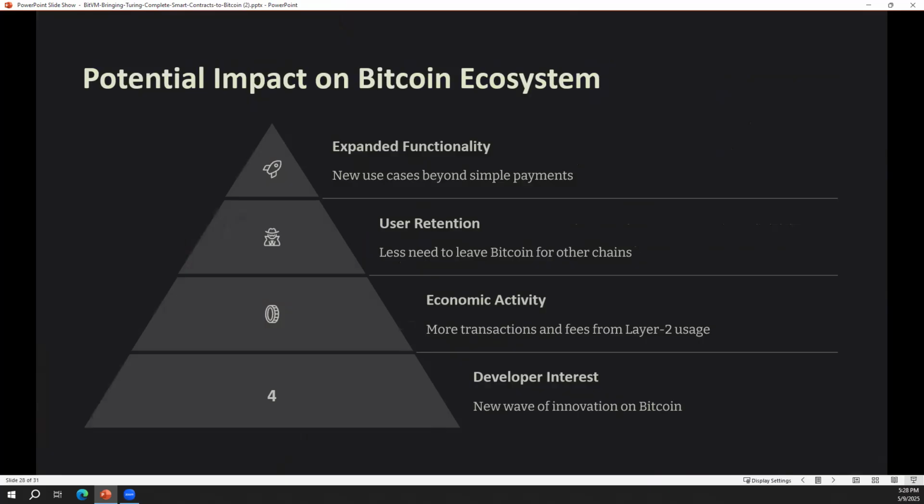So this is the potential impact on the Bitcoin ecosystem. The future outlook of BitVM is promising. It's seen as a potentially important breakthrough for Bitcoin's long-term growth. If the technical hurdles are overcome, BitVM could usher in an era where Bitcoin is not only a store of value or settlement network, but also the backbone of a rich ecosystem of applications. Users could gain access to decentralized services with Bitcoin security.